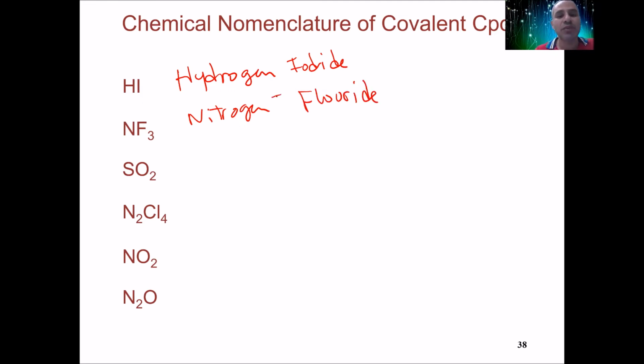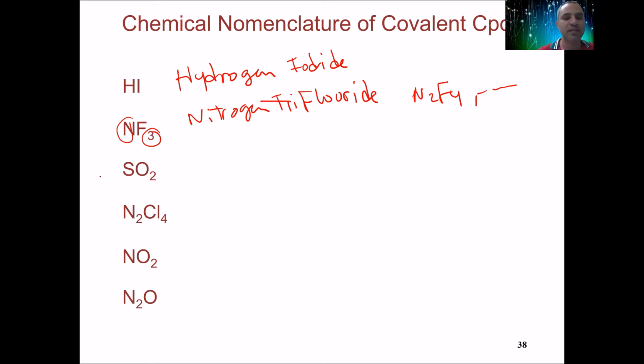But we use Greek prefixes, in this case tri, to indicate the number of fluorine, because combinations of nitrogen with fluorine could form other combinations like N2F4 and so on. So you have to use Greek prefixes in this case to indicate the exact number of each element's atoms in the combination to differentiate it from other possibilities.